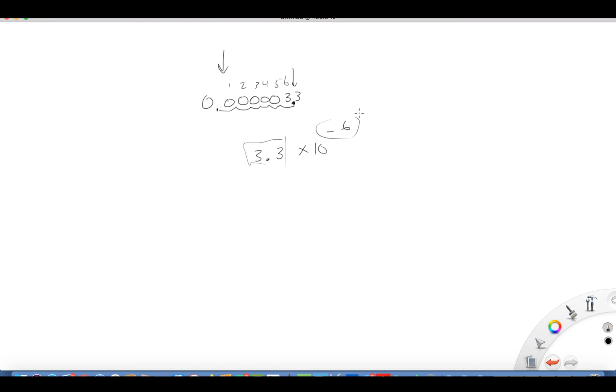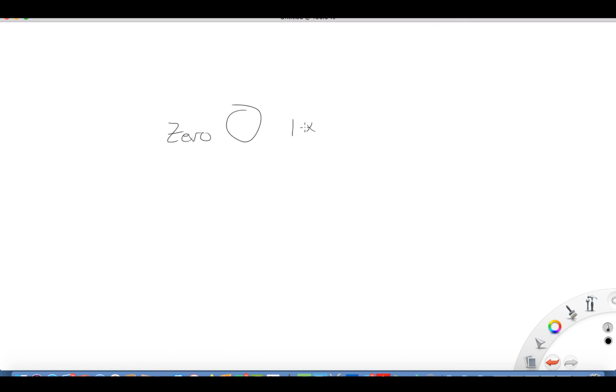All right, so the last one is just to compare. If we compare 0 with this number, 1 times 10 to the negative third, which one is bigger?